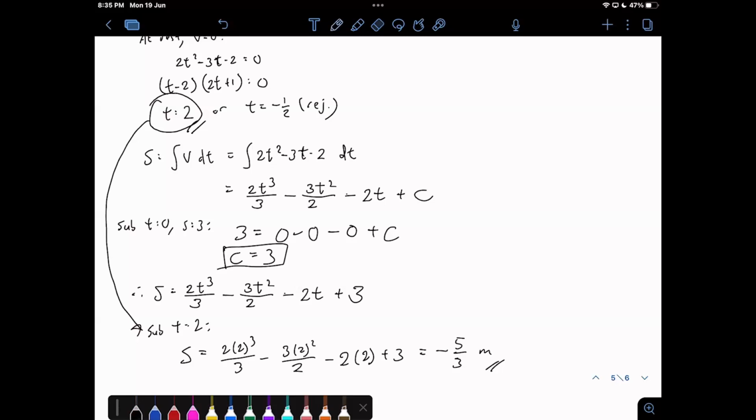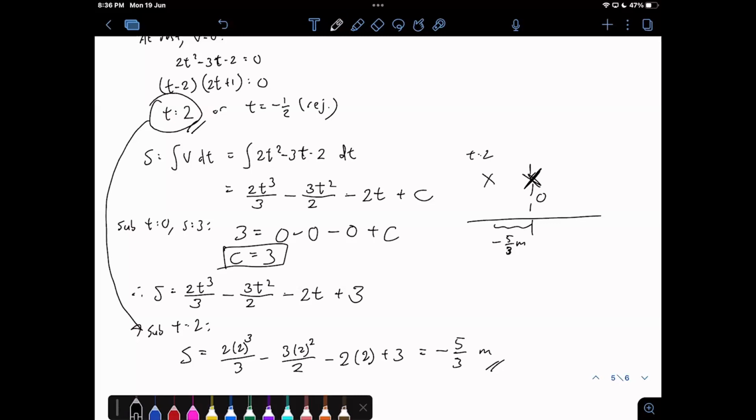Oh, okay, I know why. Oh yeah, -5/3. So how come it's negative? Can it be negative? Yes, because displacement can be negative. It just means that you are starting from point O and moving towards the left, so at t equals 2 you are -5/3 meters relative to the fixed point O, to the left of point O.